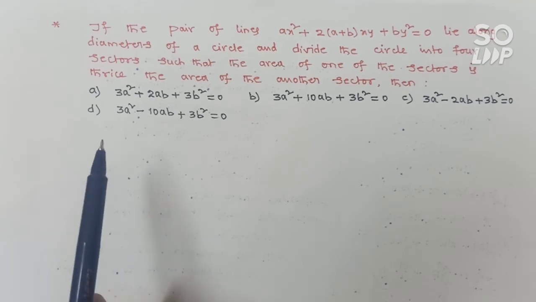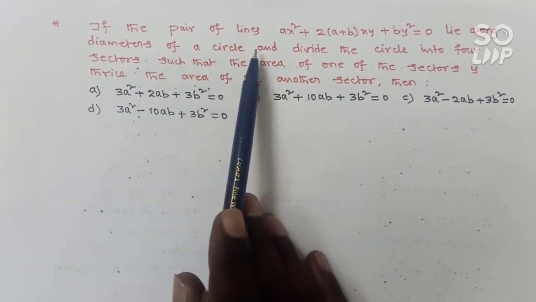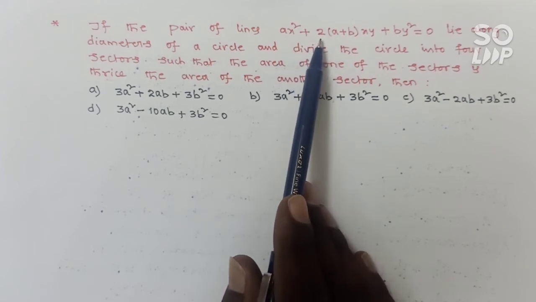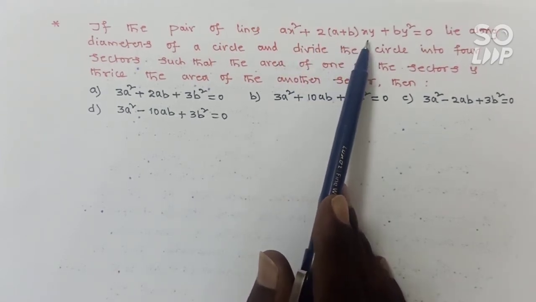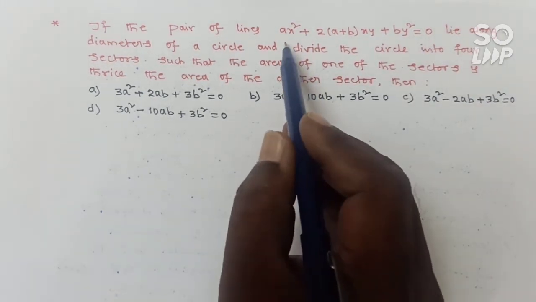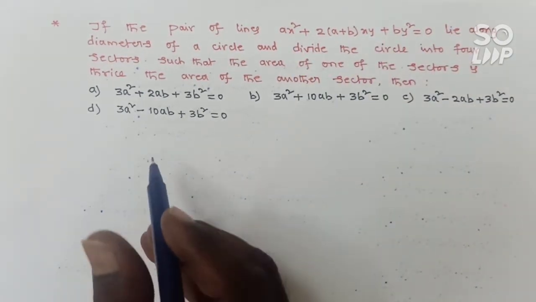See this problem. If the pair of lines a x square plus 2 into (a plus b) xy plus b y square is equal to 0. Clearly this is a homogeneous equation.